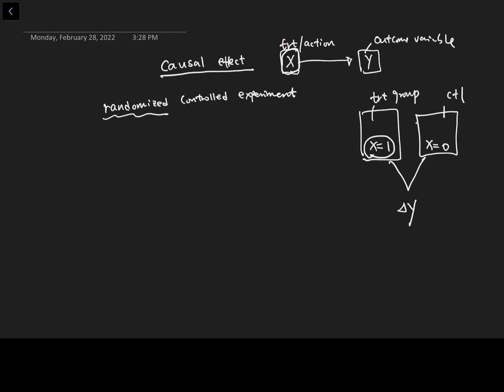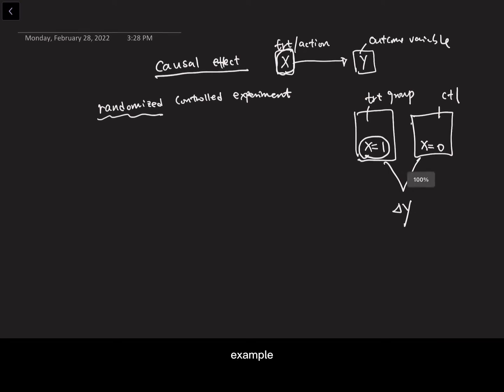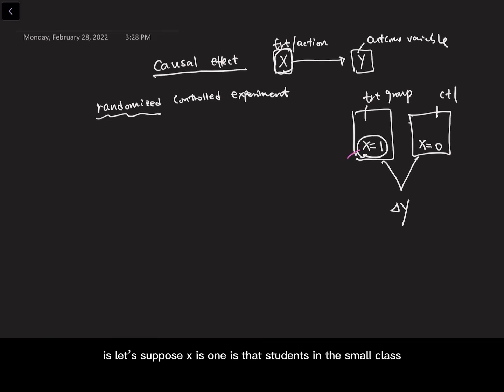Okay, let me give you an easier example. Let's suppose X is 1 for the students in the small class, and X is 0 for the students in the large class. So the small class could be a treatment, and the large class is just for control. And you observe student test scores.